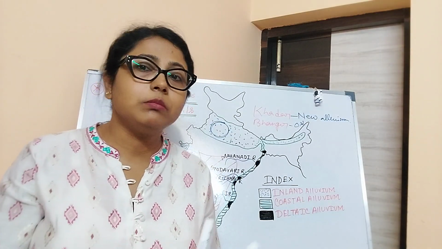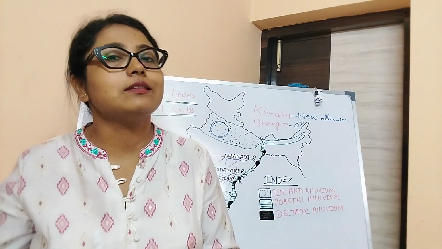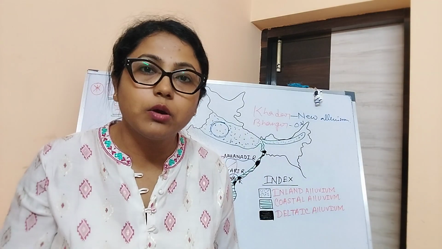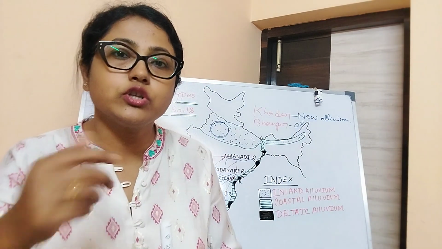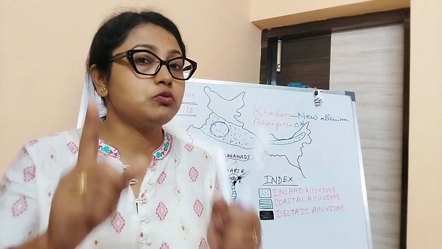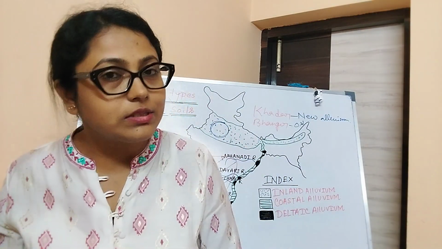Now deltaic alluvium is replenished each year, we all know, through the new alluvium, so it is more fertile. But in case of coastal alluvium, the salt concentration is very high, because it is influenced by frequent tide, not flood, by tide. So tidal activity is there, oceanic influence is there, so salt concentration will also be more in the coastal alluvium. So which one will be more fertile between deltaic and coastal?